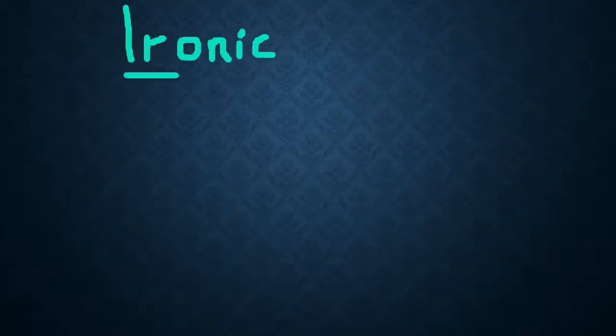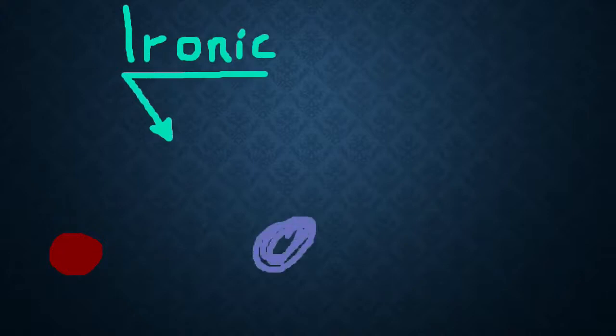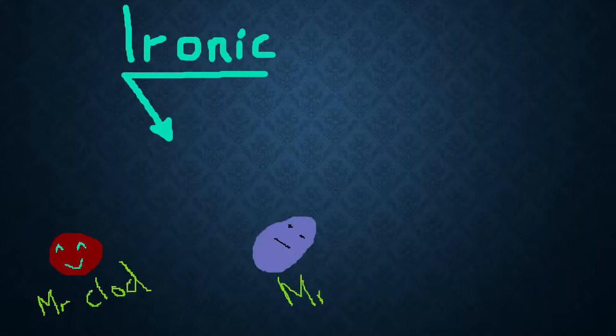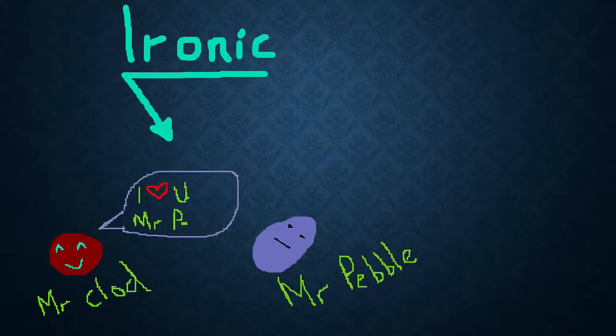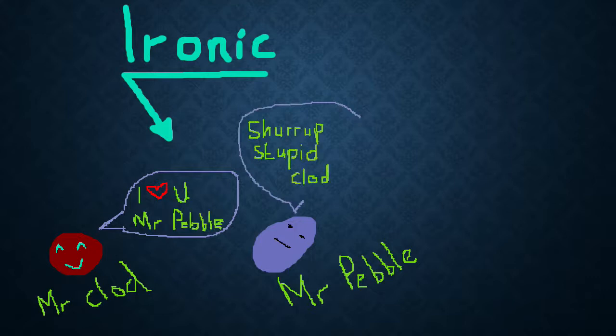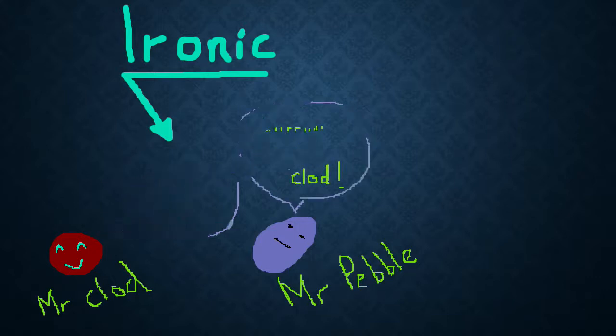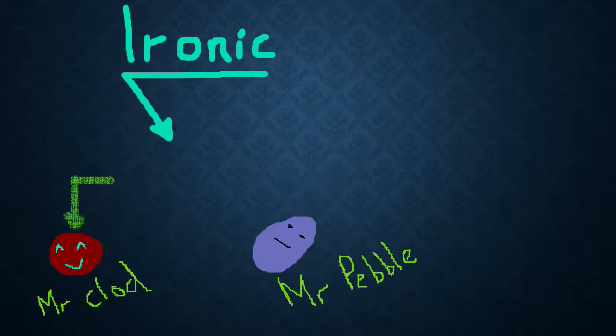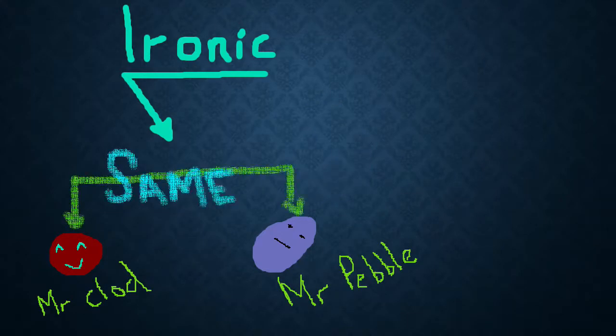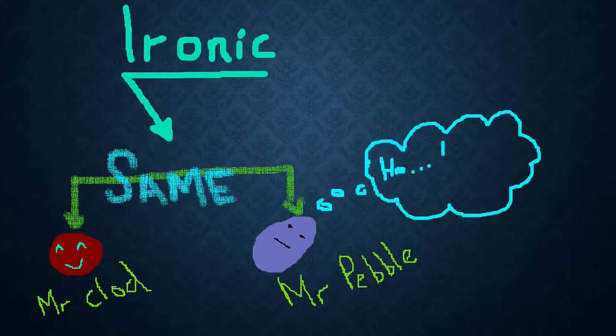So after years and years of geological processes, the pebble became the pebble because that is just how it worked out. But the Clod remains this loving, innocent entity, kind of like children and adults.